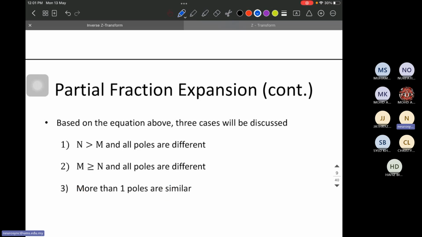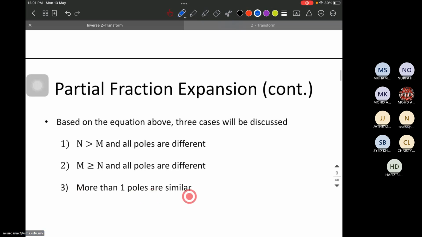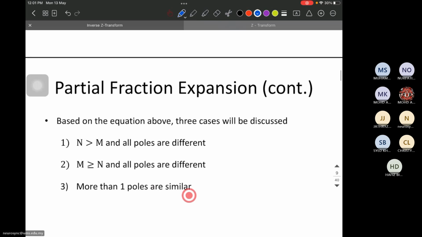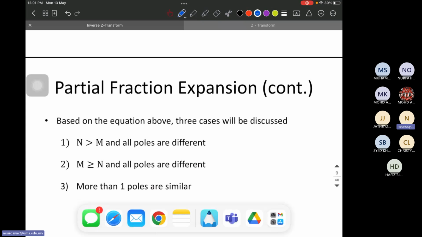And the third case, where N greater than M, or M greater than or equal to N, is possible, but more than one pole is similar. So these are the three possible conditions.